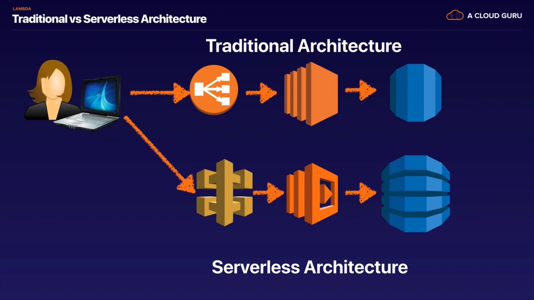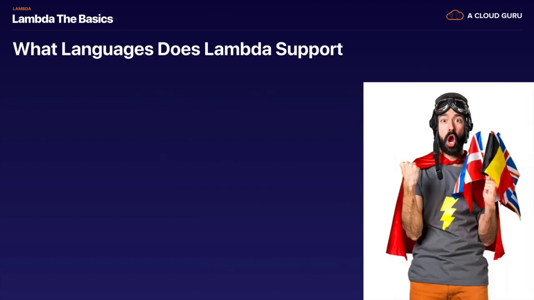And essentially what they're testing you on is how well you understand serverless architecture. So just remember that you're always going to have API Gateway at the front end to serve the request. You're going to have your Lambda functions that scale out automatically. And if you're going to go serverless, you want a database that's serverless. So it'll either be DynamoDB or it could be Aurora Serverless as well. So what languages does Lambda support?